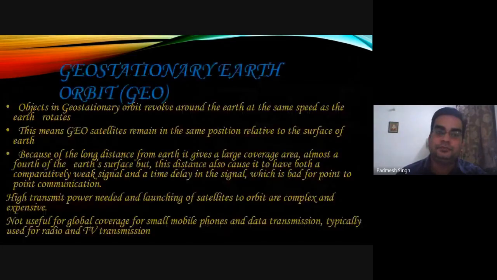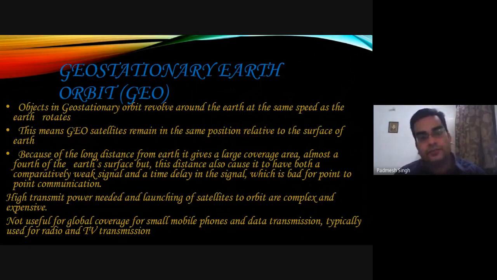Now come to geostationary satellites. As we know, geostationary satellites rotate with the same speed as the Earth, so they remain stationary with respect to the Earth. And because of the long distance from the Earth, they give a very large coverage area, almost a fourth of the Earth's surface.